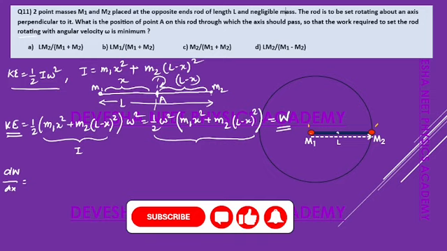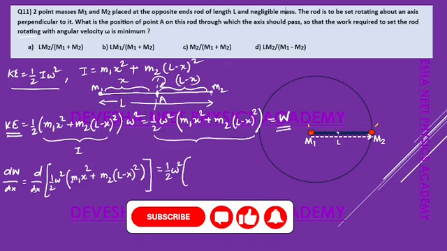is equal to, we have to differentiate this part, right? So basically d/dx of this entire thing, half omega square into (m1 x square plus m2 (L minus x) whole square). So this becomes equal to, half omega square remains constant, outside. m1 x square, if we differentiate, becomes 2 m1 x.